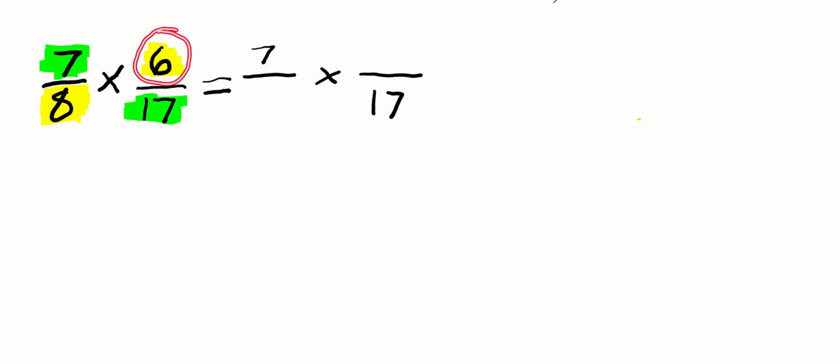For 6 and 8, the greatest common factor between them is 2. So we divide each number by 2. So we write 6 divided by 2 up here, and 8 divided by 2 down here.